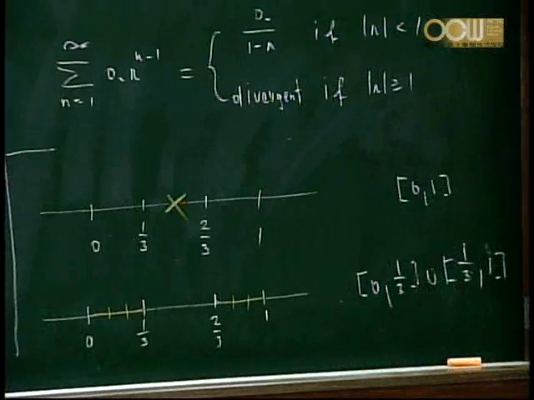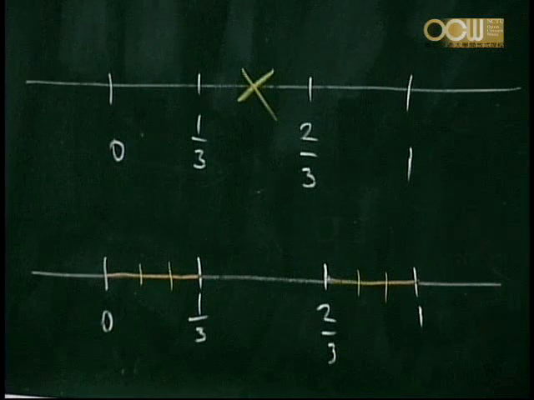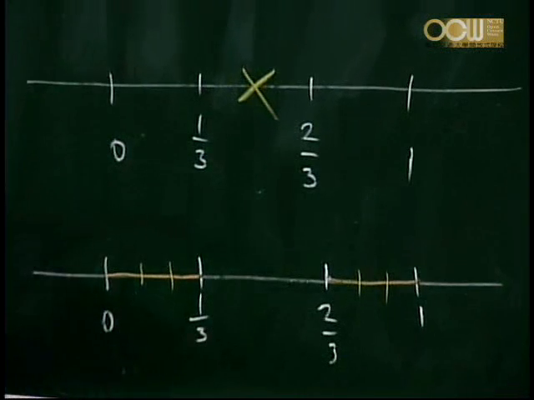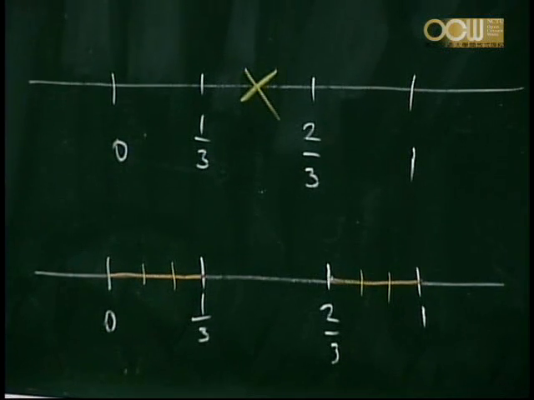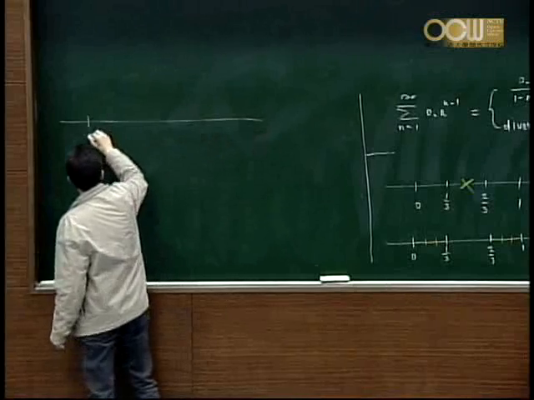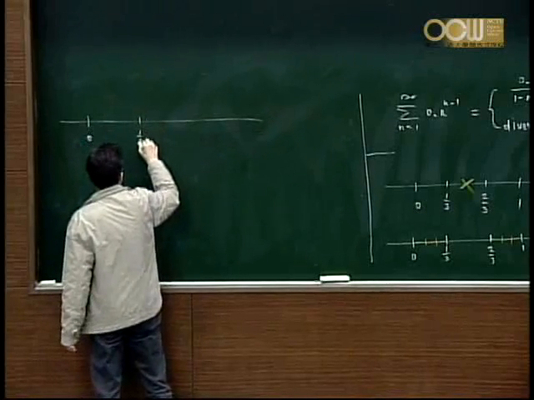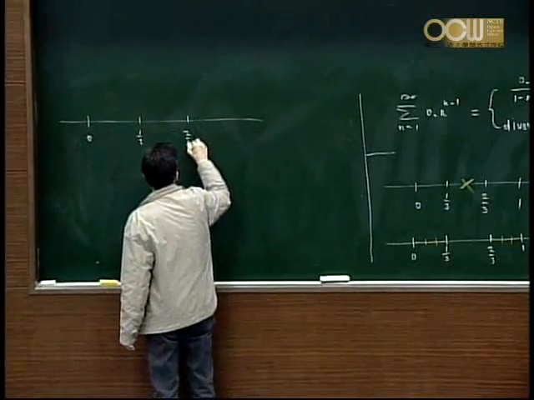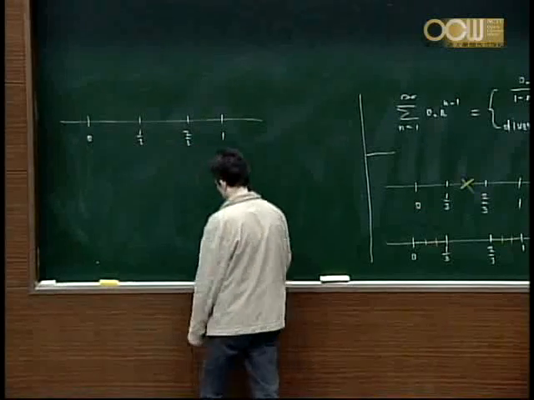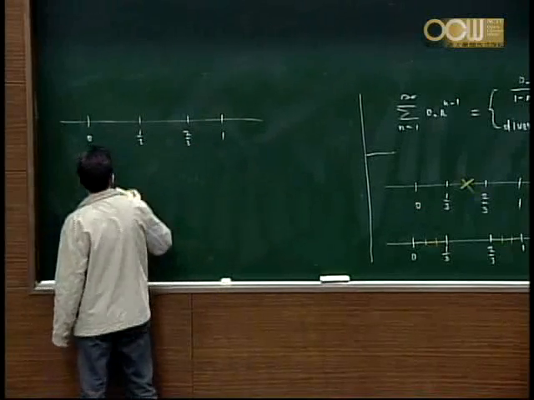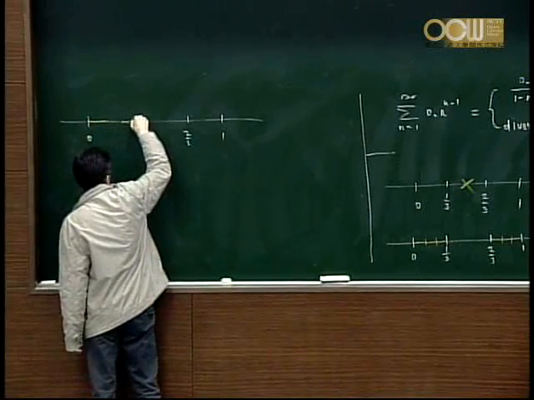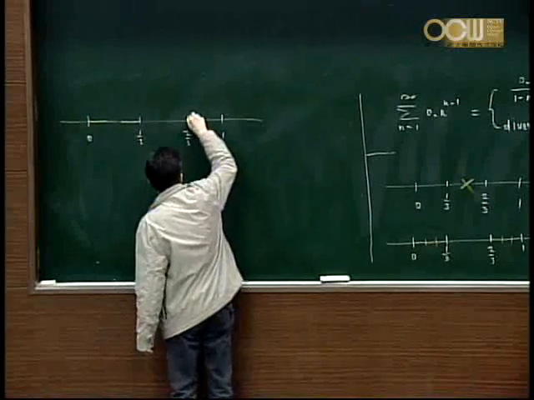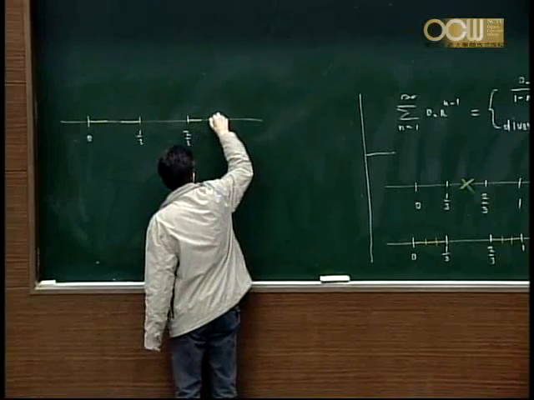After we have proceeded 3 steps, we are left with the following. We have here 0, 1 over 3, 2 over 3, and 1, and we have just removed the middle. So what we have here is this and this, and here this and this.